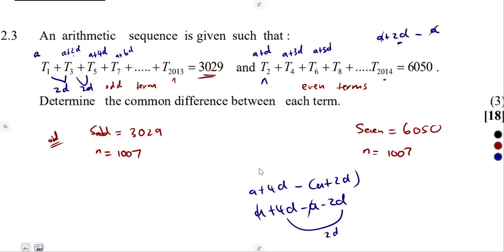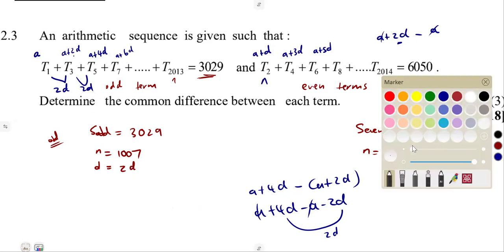So meaning to say, where we put that common difference or the constant difference, in our case, we are going to put it as 2D. It is 2D.